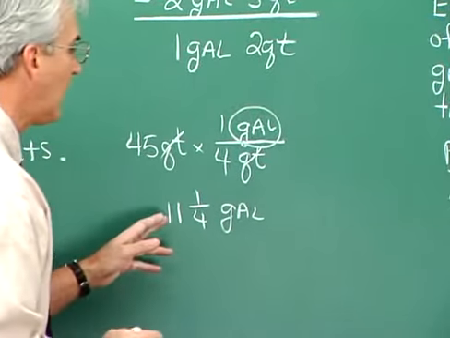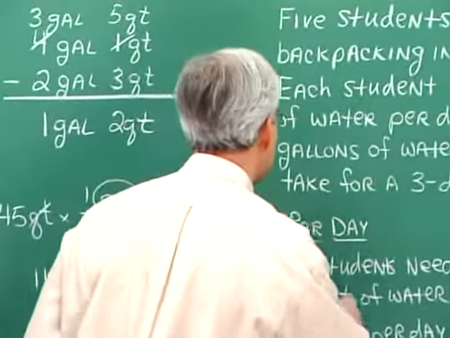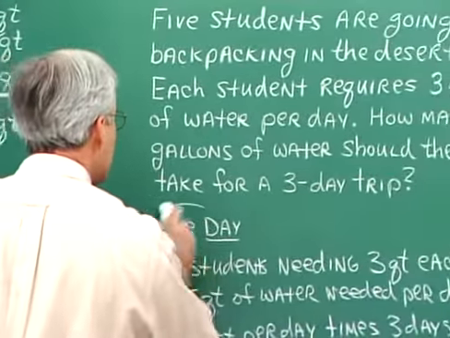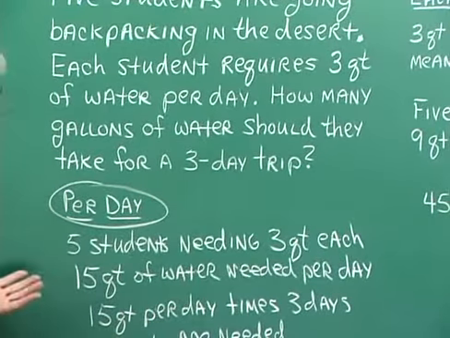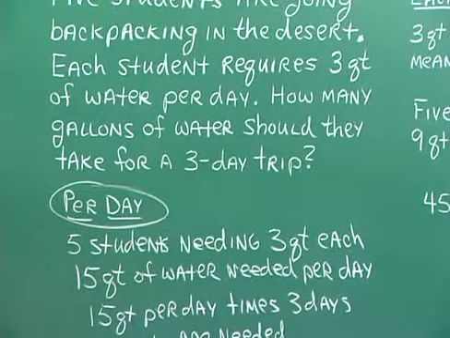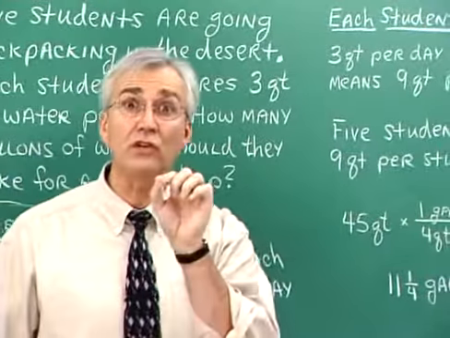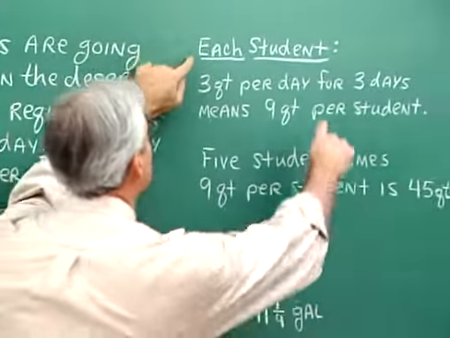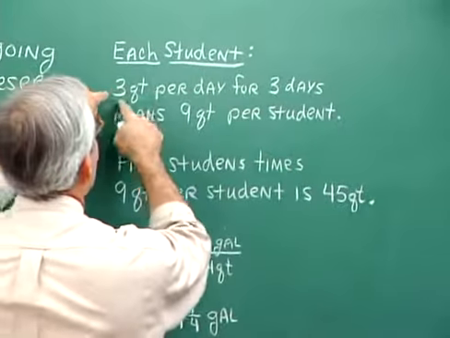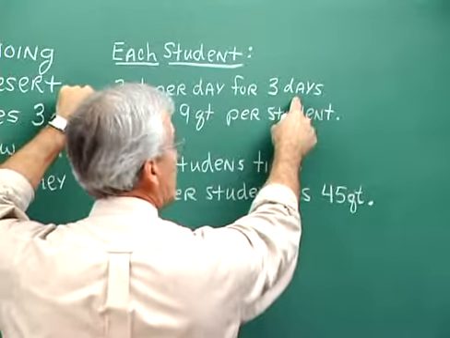So 11 1/4 gallons. Now, I said there were 2 ways to think about the problem. One way is to first consider the need for water on a per day basis. Now, some students might say, well, gee, there's another way to do it. Another way to do it is to say, let's think about the need for water on the whole trip by each student. Well, each student, we might reason this way. We might say for each student, 3 quarts of water are needed per day for 3 days.